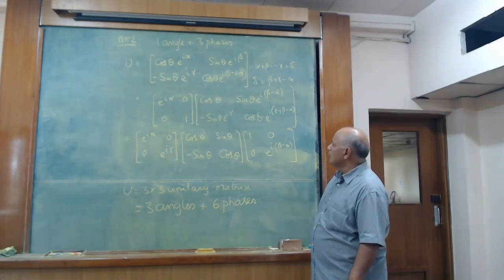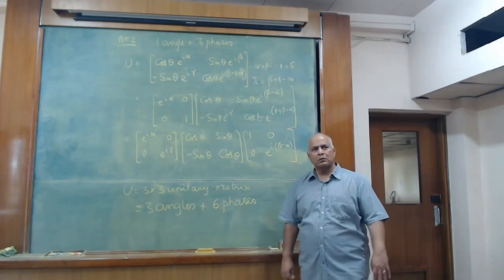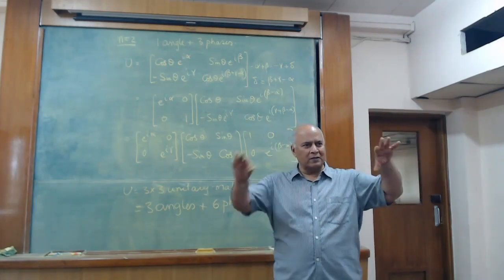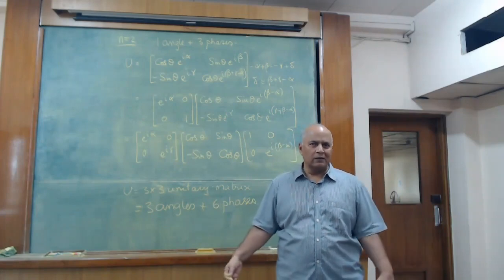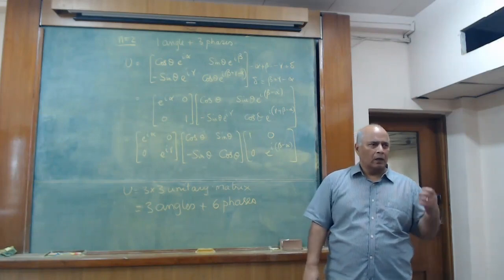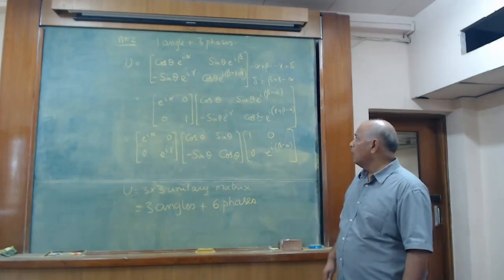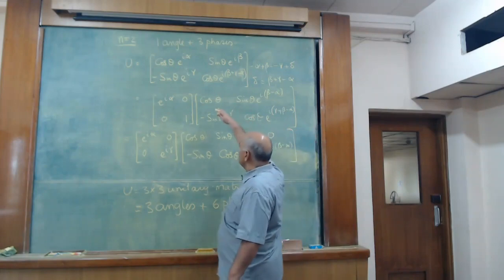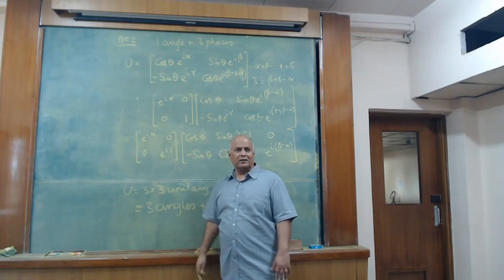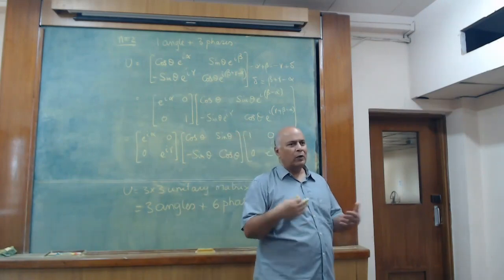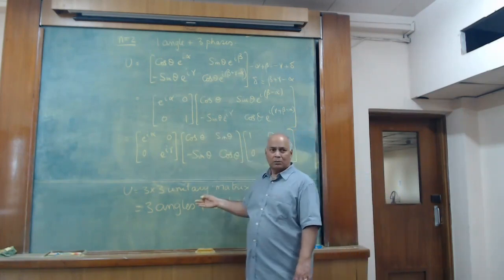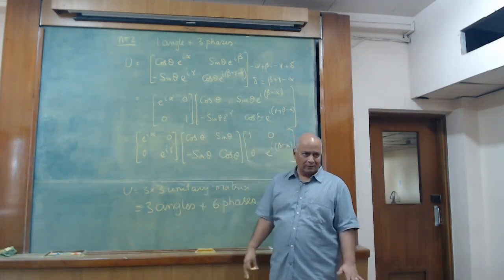So, just as before, I put 9 moduli and 9 phases in the 3x3 matrix as I have done here. Now, from the first row I pull out a phase, then from the second row I pull out a phase, and from the third row I pull out a third phase, so that my first column is now purely real.